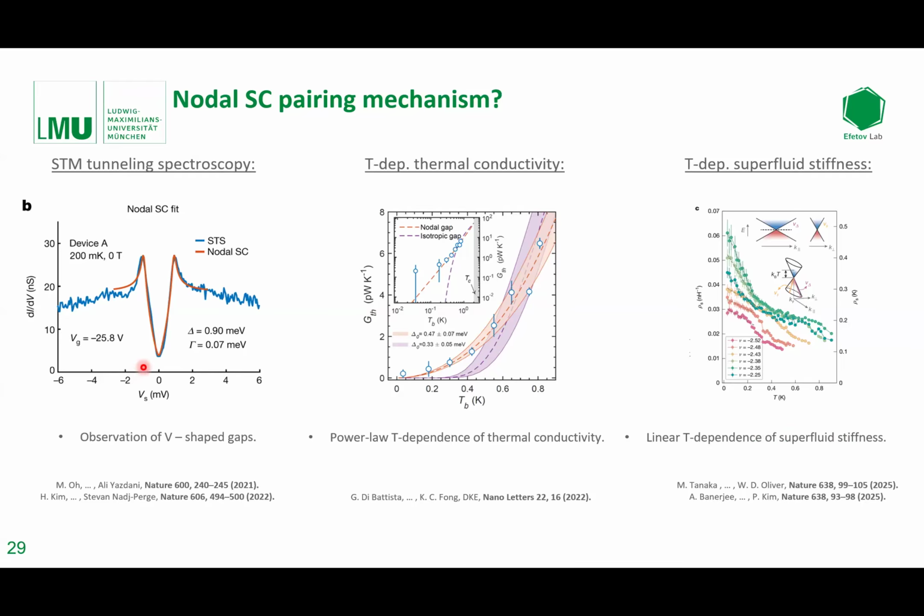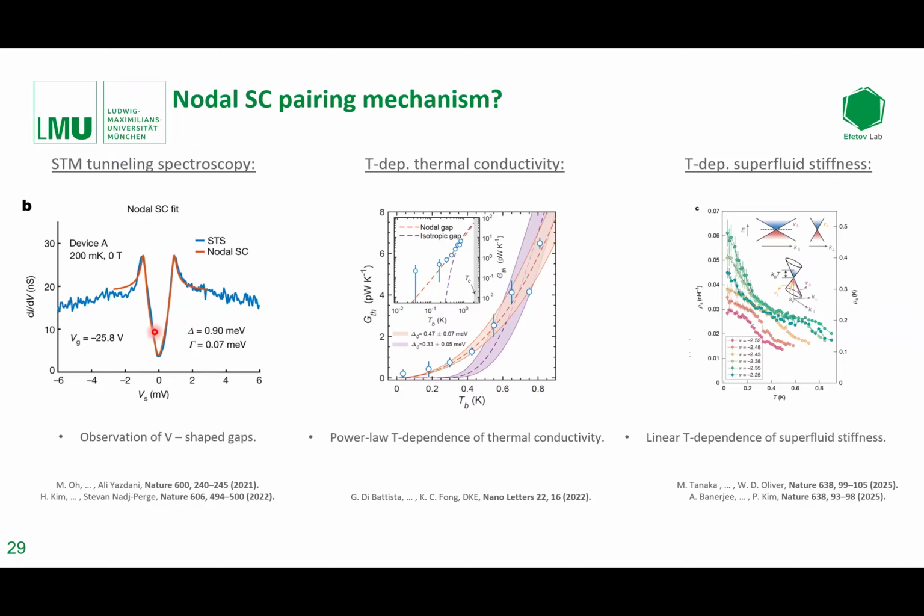For example, I want to highlight several STM studies, again by the Yazdani and Bernevig-Nadj-Perge groups a couple of years ago, which were able to observe or reveal what they thought are the superconducting gaps.